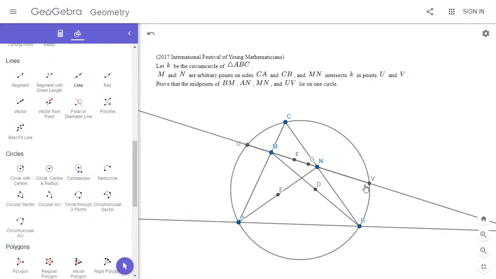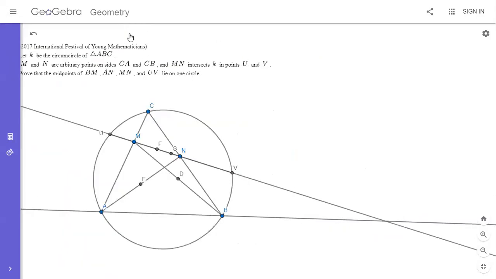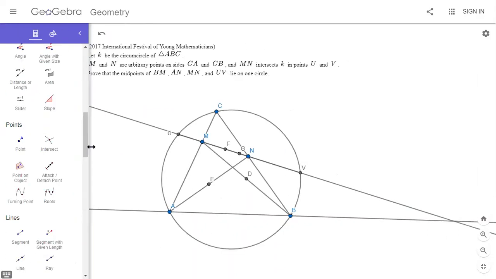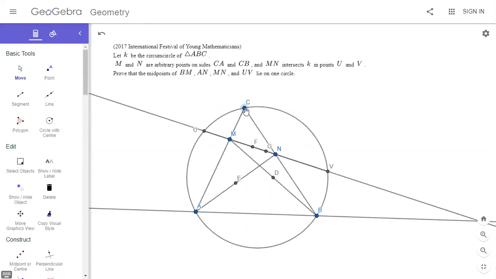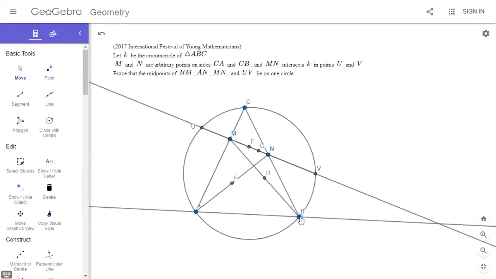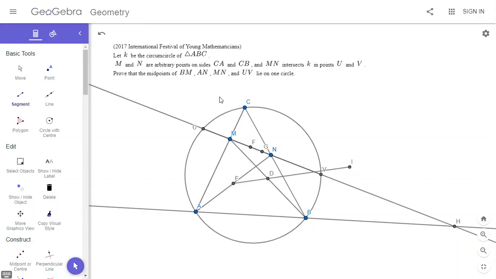If we let AB meet UV at a point, then we draw the midpoint of CH, and ED and I are collinear. I don't know how much that really helps.